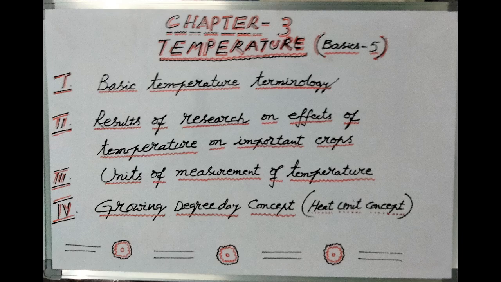However, the pod growth is observed to be highest when the soil temperature range is around 30 to 34. So, peg initiation is good at 20 to 23 degrees centigrade, pod growth at 30 to 34 degrees centigrade.